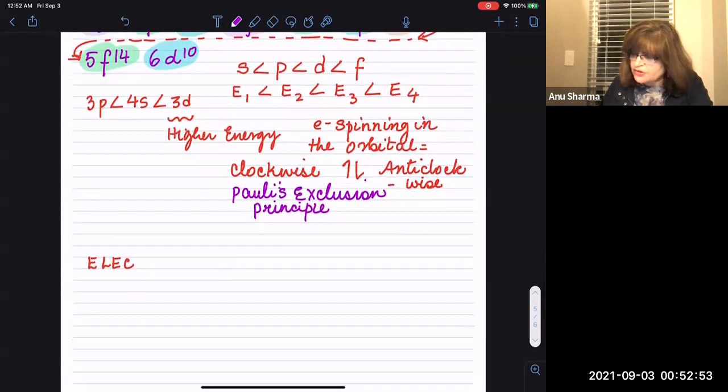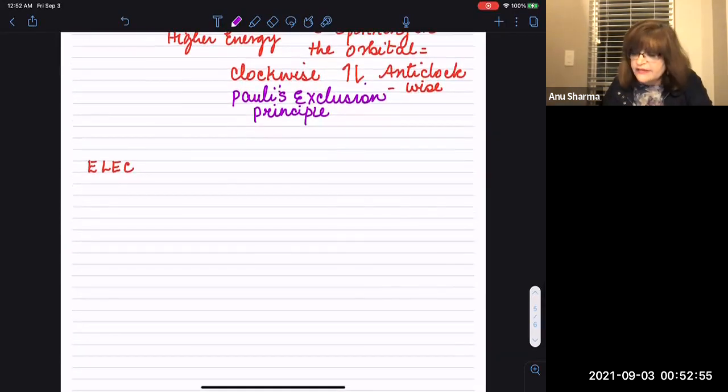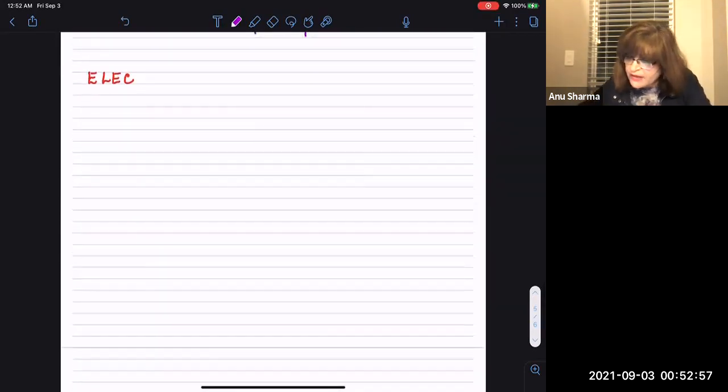So you don't worry about that. You just focus on that they spin. That's the only way they can remain stable in an electronic configuration.